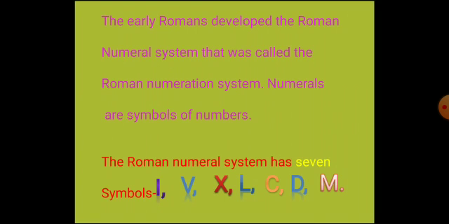Do you know what those 7 symbols are? Yes, they are I, V, X, L, C, D and M. These are all capital letters only, children. We have to write English alphabet capital letters. Don't write small letters.